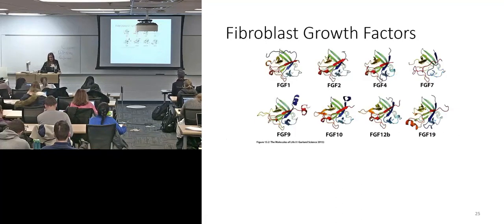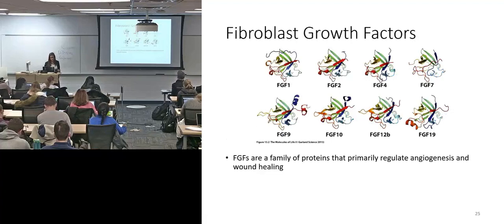So fibroblast growth factors, or FGFs, are a family of proteins. This is just an example that we'll use to calculate specificity. FGFs are a family of proteins that primarily regulate angiogenesis. They also have, depending on which FGFs you're looking at, involvement in wound healing and laying down new collagen. Okay.